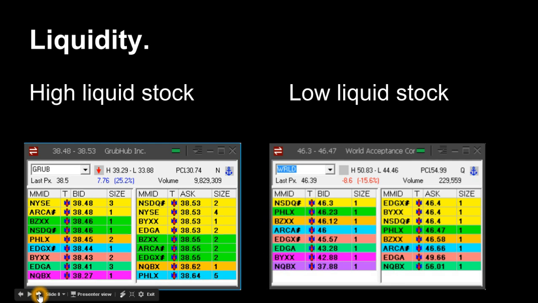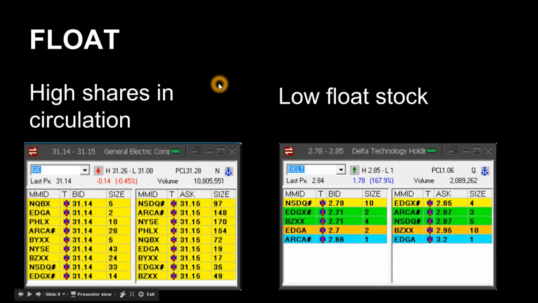Another important thing to watch, and that the level 2, the market depth, gives you, is the float. The float is the amount of shares that the public can trade. So a high float stock, with a lot of shares in circulation, is a big blue chip. This example is General Electric, and as you can see, this stock trades a lot of volume.